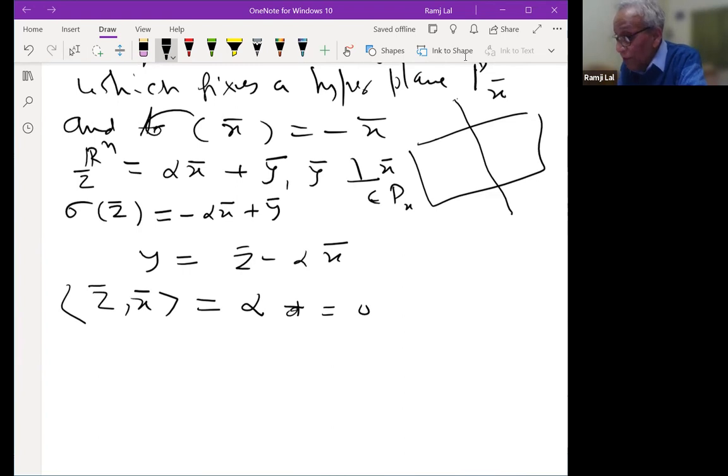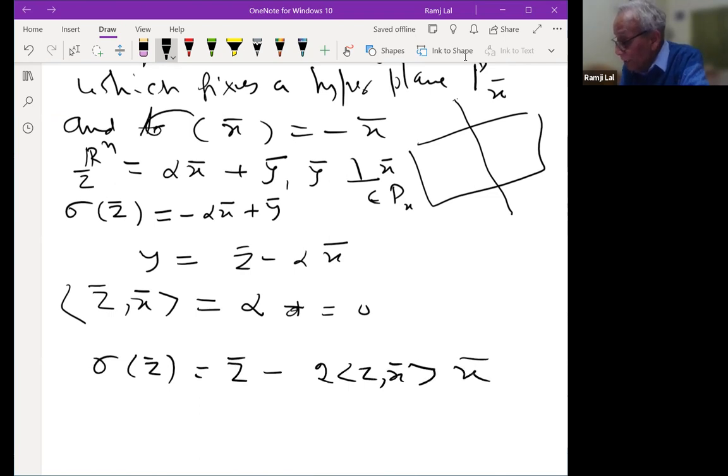So alpha is what? Alpha is minus. So you just substitute it here, and you'll get that sigma z is equal to z bar minus 2zx x bar, where x bar is a unit vector. So this is a transformation which I am writing down.